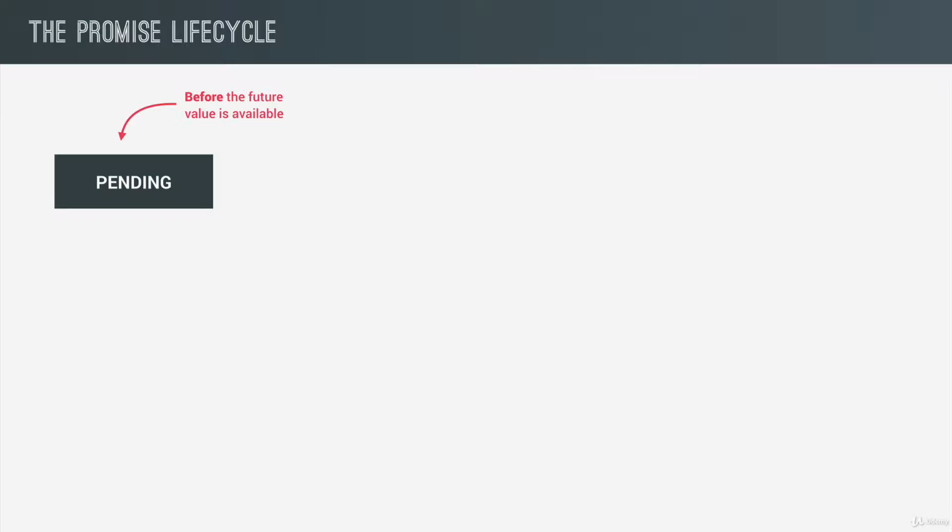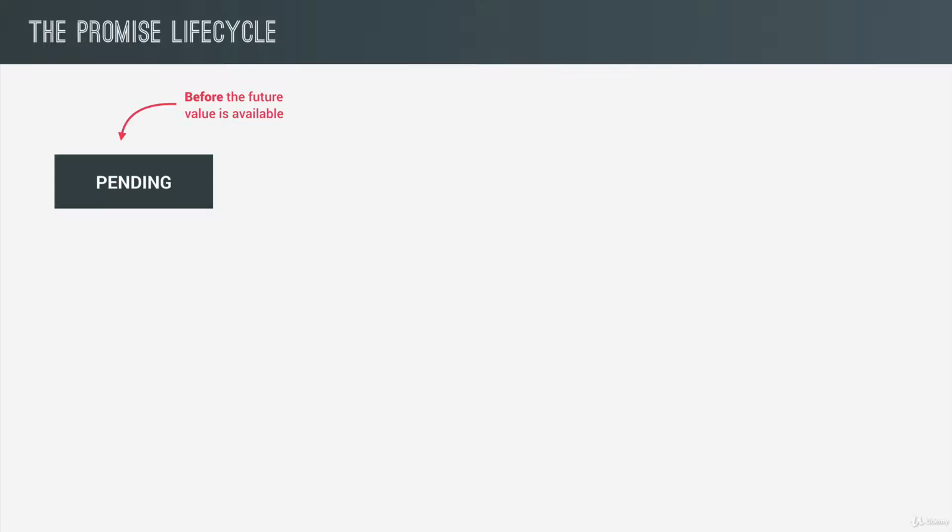Now, since promises work with asynchronous operations, they are time sensitive, so they change over time, and so promises can be in different states. And this is what we call the life cycle of a promise. So in the very beginning, we say that the promise is pending. And so this is before any value resulting from the asynchronous task is available.